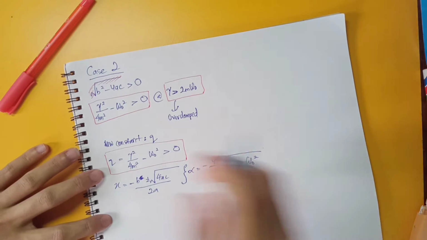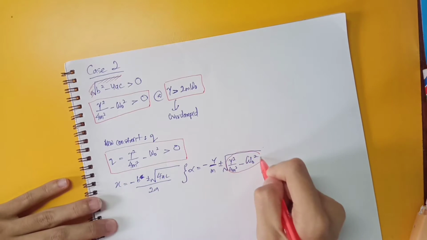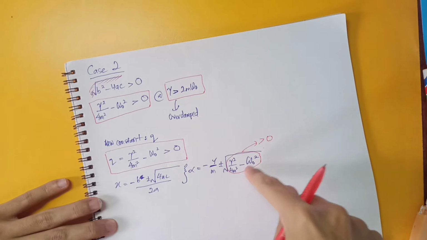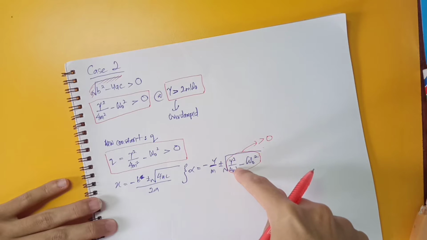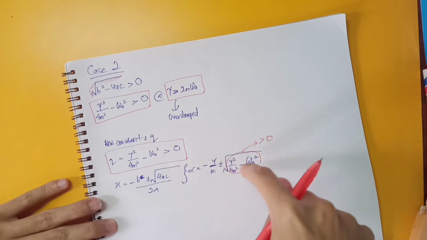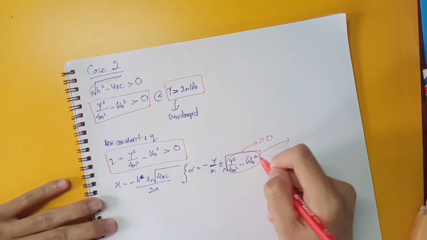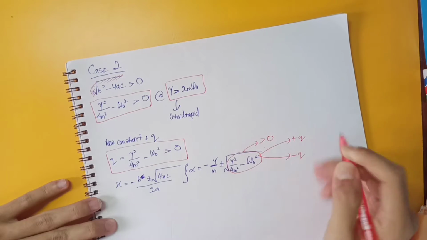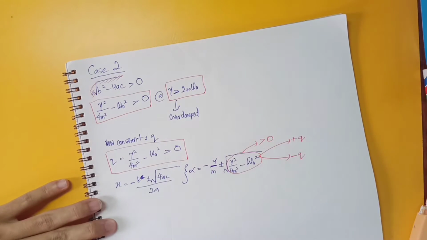Right now it is said that this is more than 0, so we have a quantity inside here. That means we have two possibilities, positive quantity and negative quantity, because we have plus minus here.